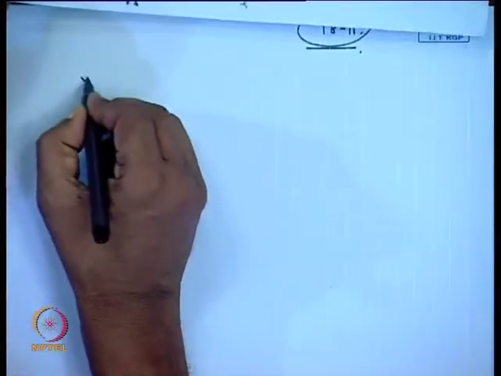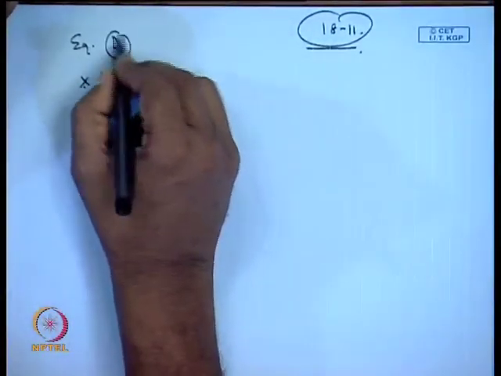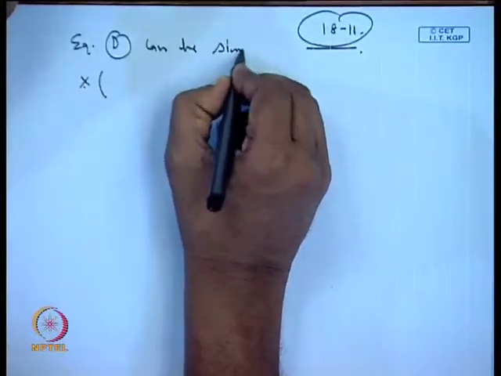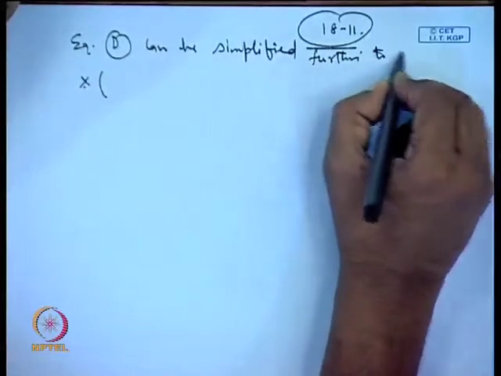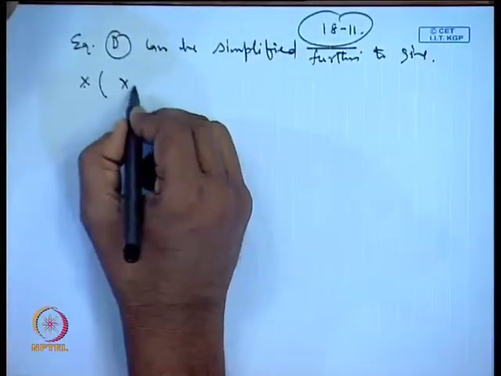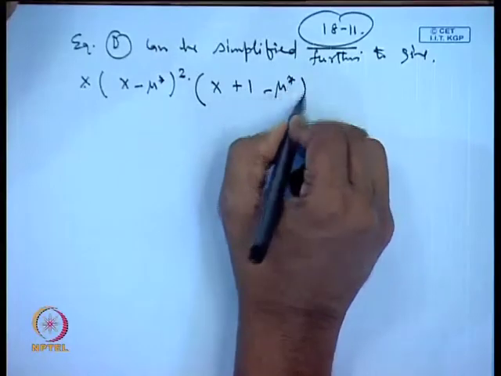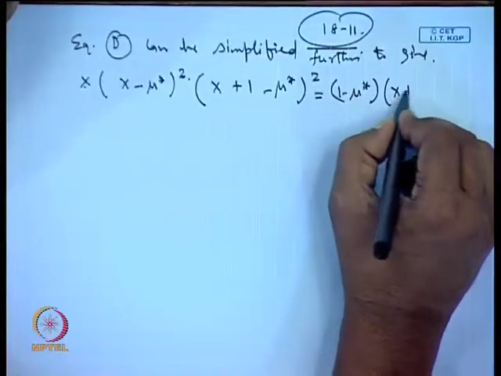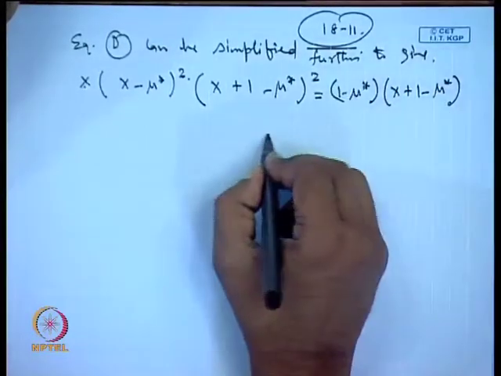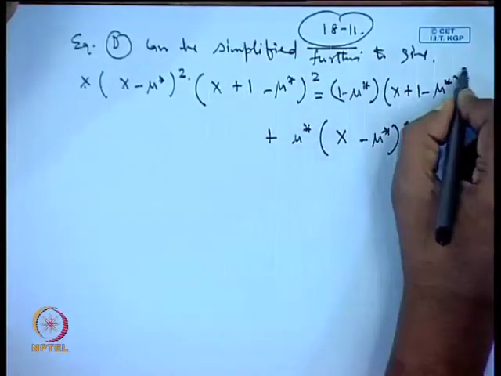This equation we can simplify further, and we can write equation D as x times x minus mu star whole square times x plus 1 minus mu star whole square, equal to 1 minus mu star times x plus 1 minus mu star plus mu star times x minus mu star whole square, here also whole square.